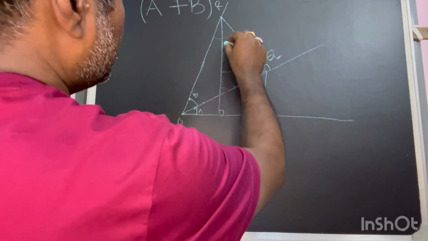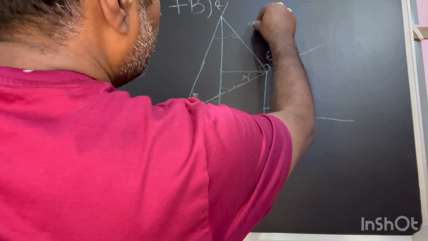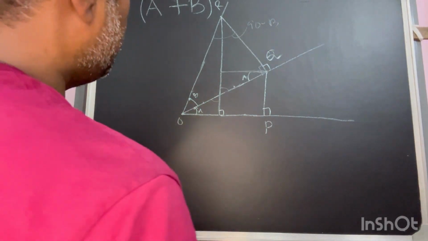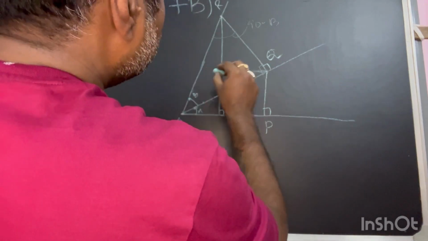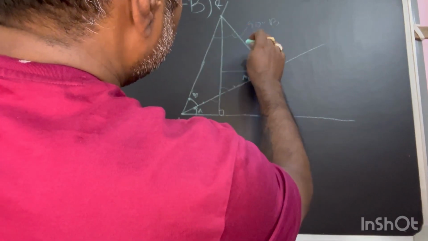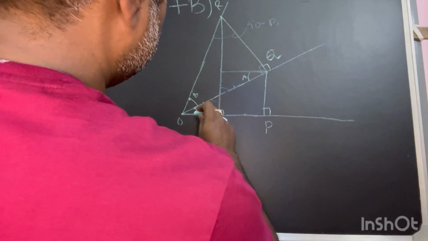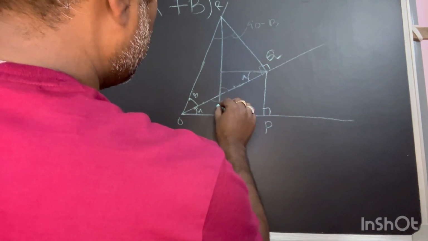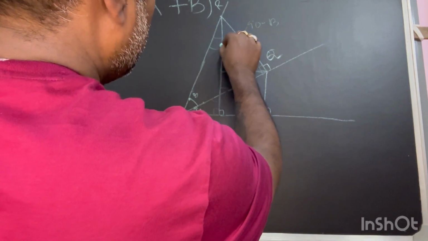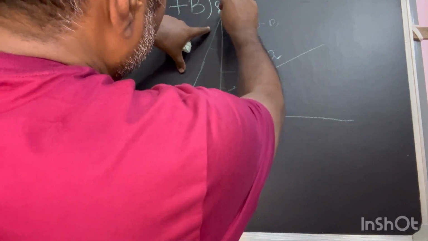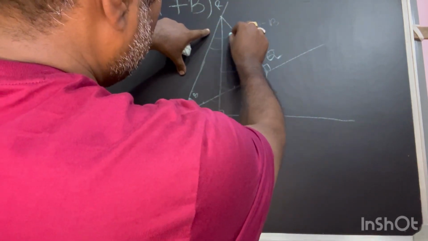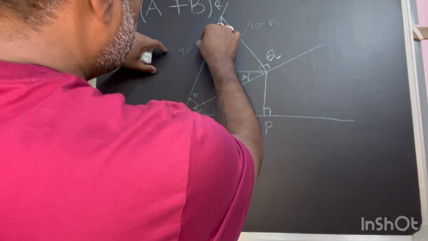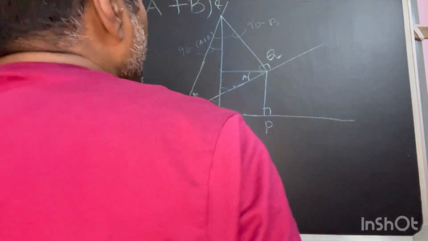If it is B, this is 90 minus B. This is again 90. So for this triangle, this is 90 minus B, and this is 90 minus A plus B, the complete angle.